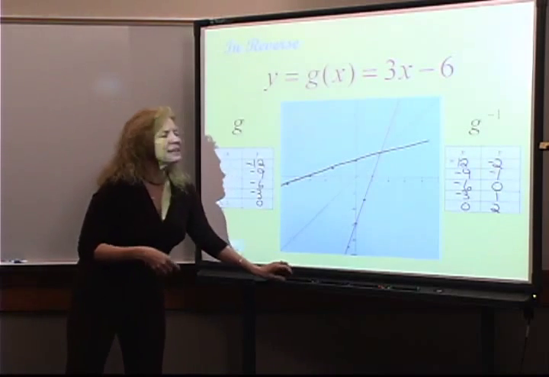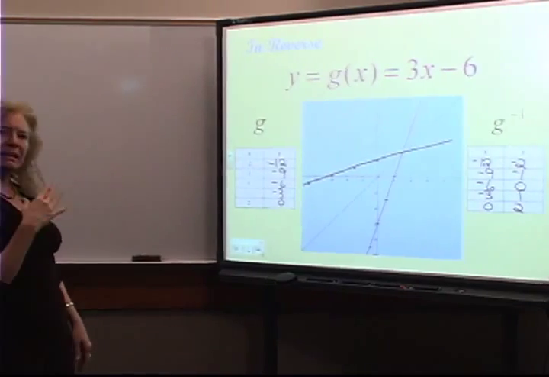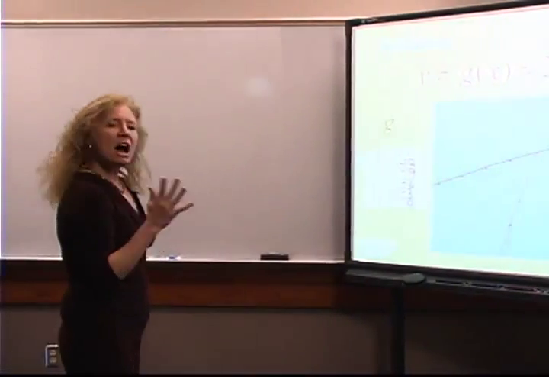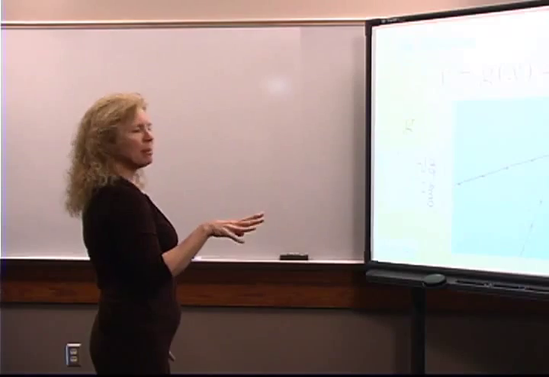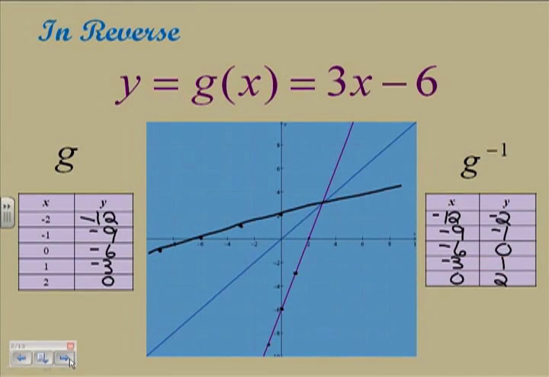Now as you look at that, you might notice something interesting about the graph. I have an extra line in there, and you might have wondered what that was doing there. This blue line running up through the third quadrant and the first quadrant is the line y equals x.